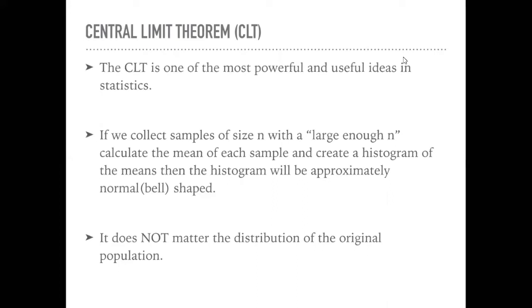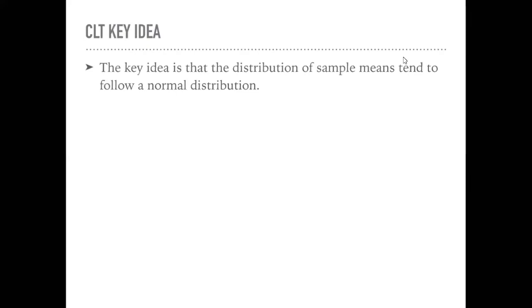Now, if I took everyone's average and created a histogram of that, it would be approximately bell-shaped. The key idea is that it doesn't matter the distribution; distributions of sample means are going to follow a normal distribution.